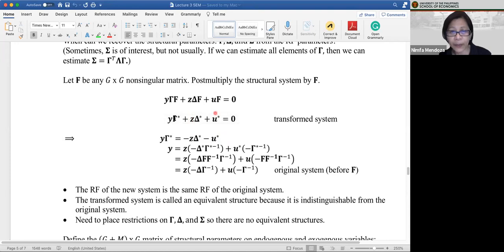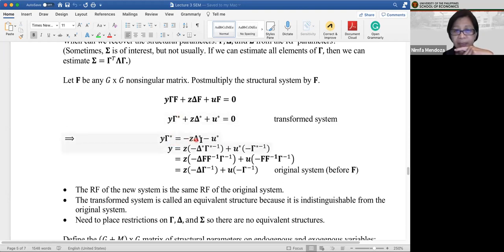Okay, so from this equation, I just isolate Y gamma star on the left-hand side.